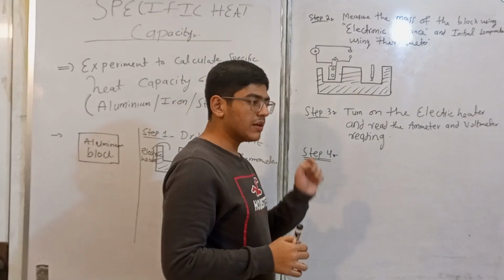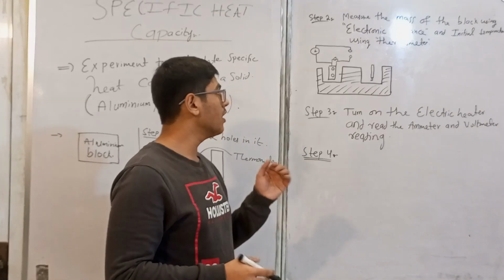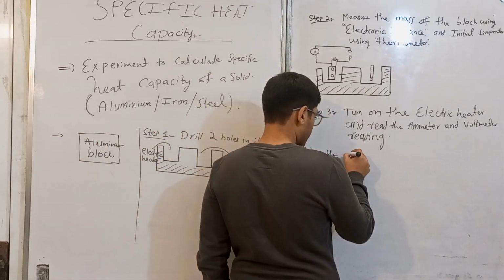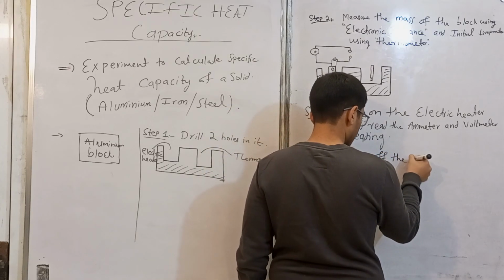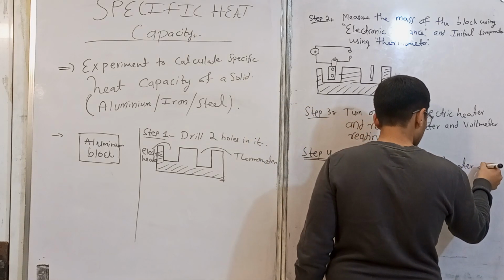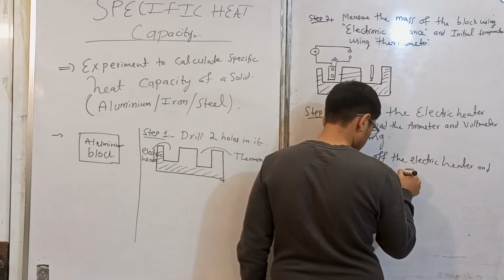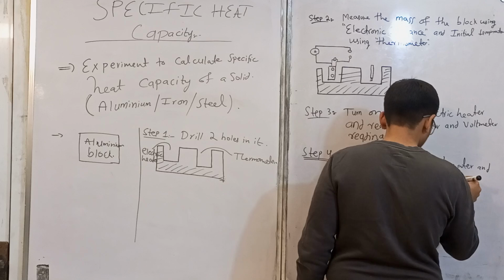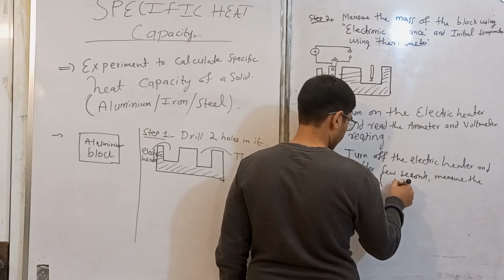After a few seconds, we will turn off the electric heater, because if we take too much time, the wires could melt. Turn off the electric heater and after a few seconds, measure the final temperature, which will be measured using a thermometer.